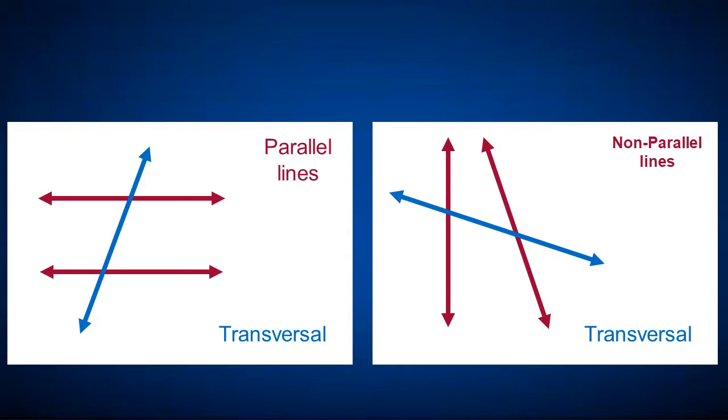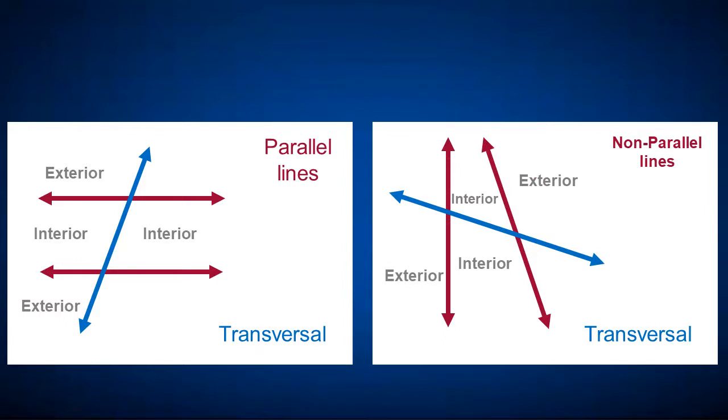So, dito, ang interior natin ay yung dalawang nasa loob, while yung exterior natin ay yung dalawang nasa labas. Dito naman sa non-parallel lines, as you can see, nakatayo naman siya. So, ang interior natin, again, ay nasa loob pa rin ng dalawang lines. At ang exterior natin, yung nasa labas ng dalawang lines.